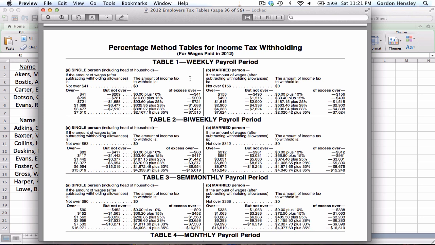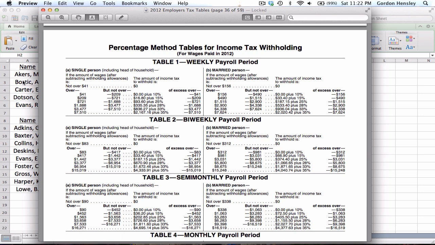Also notice that each table is divided into 2 halves. The left side is always for a single person. The right side is always for married. So again, one of the confusing things with this type of problem is just being very careful, very cautious, make sure that I'm looking in the correct area, because it's so easy to make a mistake and look at the wrong table.